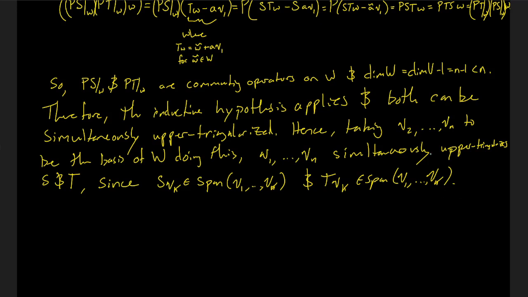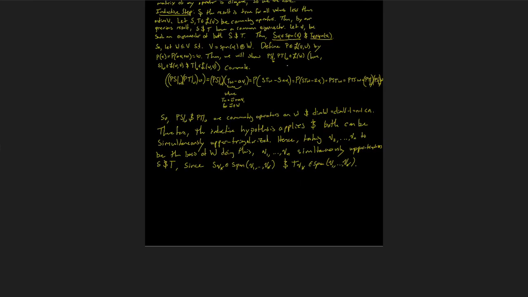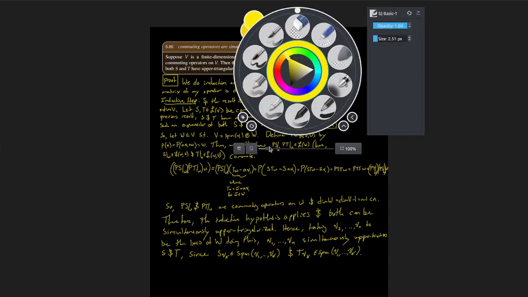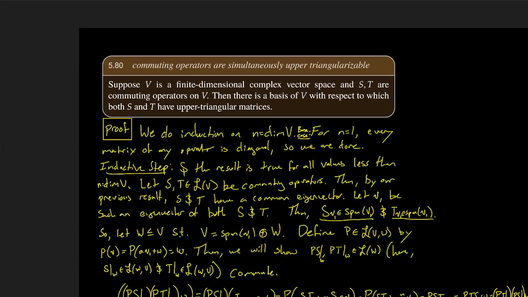All right, maybe that was kind of a long proof, and especially the part where we had to do the projections might have felt a little bit weird. But it is kind of neat to know that simultaneous upper triangularizability, which seems like a weird thing, is here a consequence of S and T commuting.